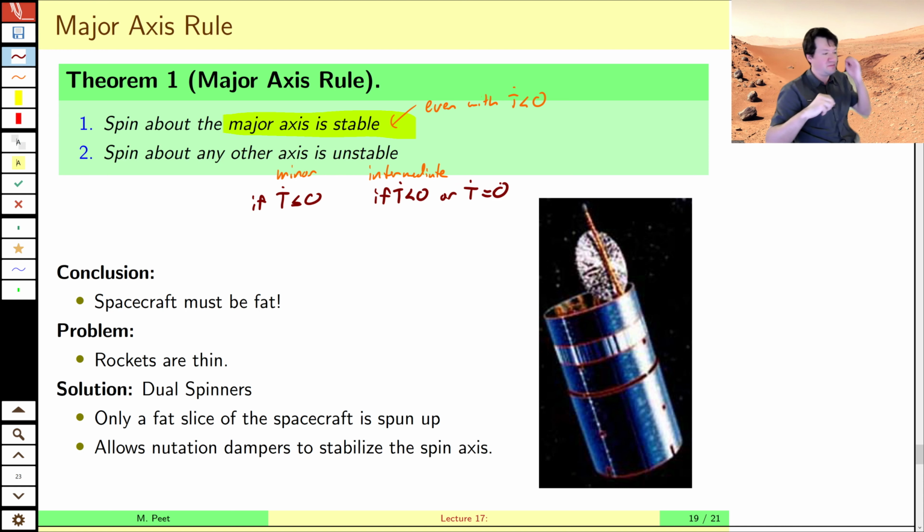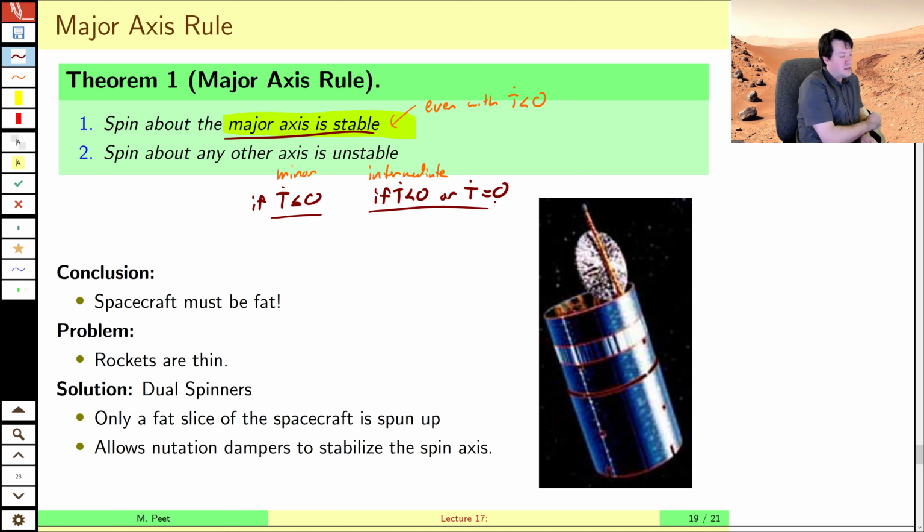So either case. So there's no case where the major axis is unstable. There's only one case where the minor axis is unstable. The intermediate axis is unstable no matter what.